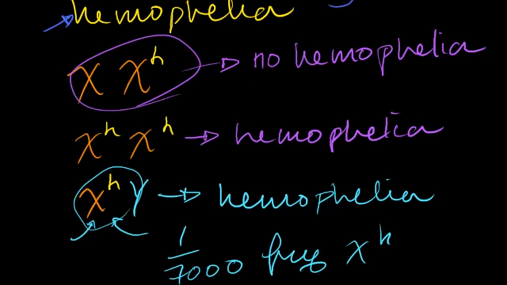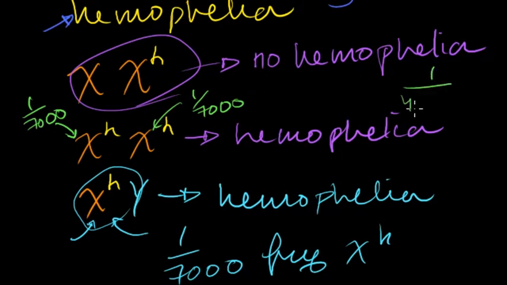Well, the probability of each of them having the mutation is 1 in 7,000. So the probability of her having hemophilia is 1 in 7,000 times 1 in 7,000, or 1 in 49 million. So as you can imagine, the incidence of hemophilia in women is much lower than in men.